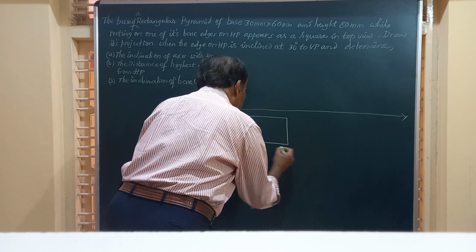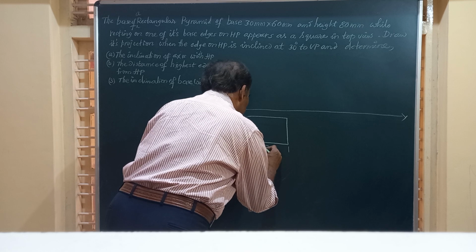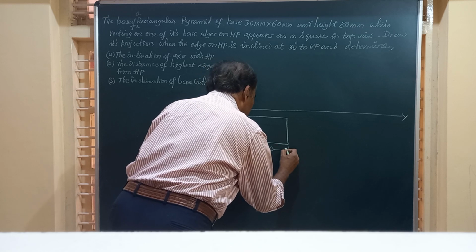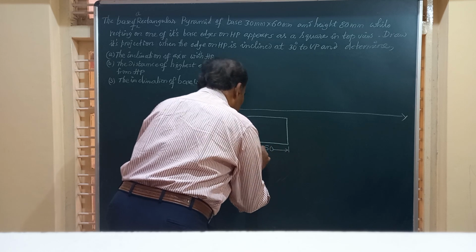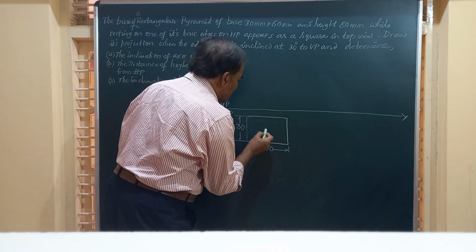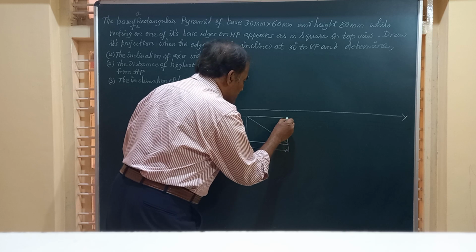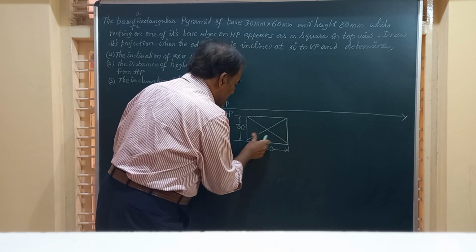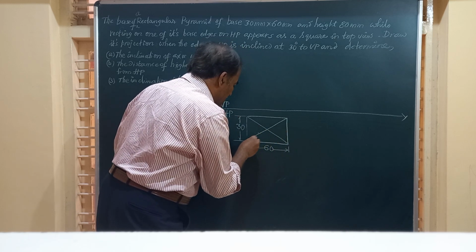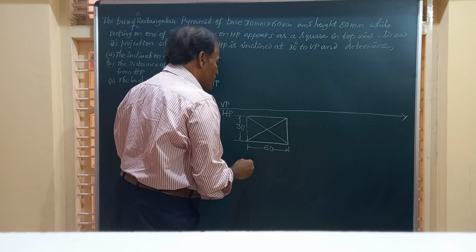And this as the dimension, the longer side has a dimension of 60 millimeter. Friends, for all the pyramids you know very well, the corners of the opposite side are to be joined to the center. So this is one diagonal, this is the second diagonal, and friends, you have this top view.